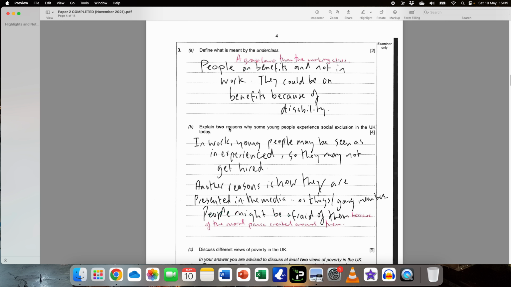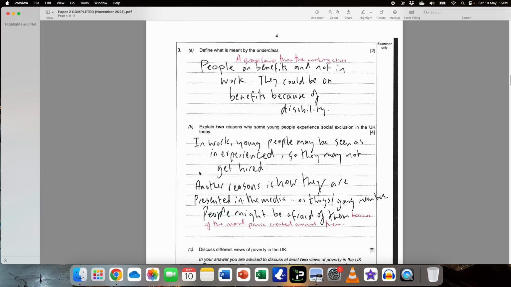If we go to that table, which is about age, the first and pretty much the only thing in that revision booklet about young people is that employers may see young people as inexperienced and older people as outdated. So what I put is, in work, young people may be seen as inexperienced, one mark, but you need to develop that point for the second mark, so they may not get hired.